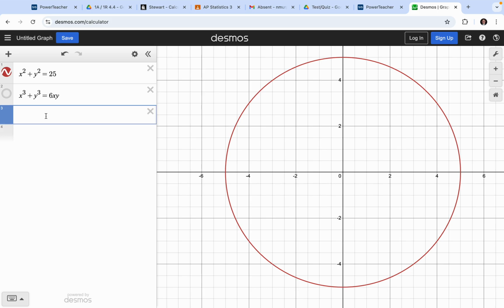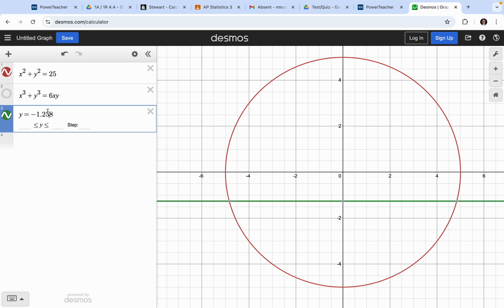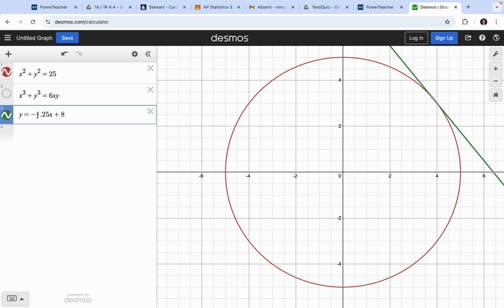That's not good. So there's a tangent line approximately at -4, but I could also find a different tangent line at +4.